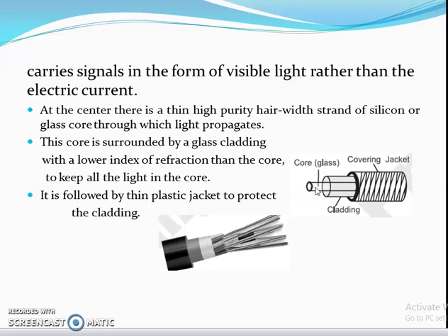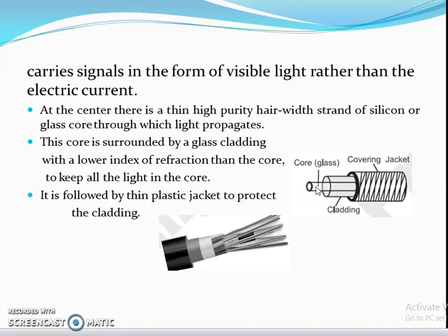At the center you see here we have a thin, high purity, hair width strand of silica or glass. This core is made up of glass or silica. So this is the core through which the light propagates, and this core is surrounded by a glass cladding with a lower index of refraction than the core.